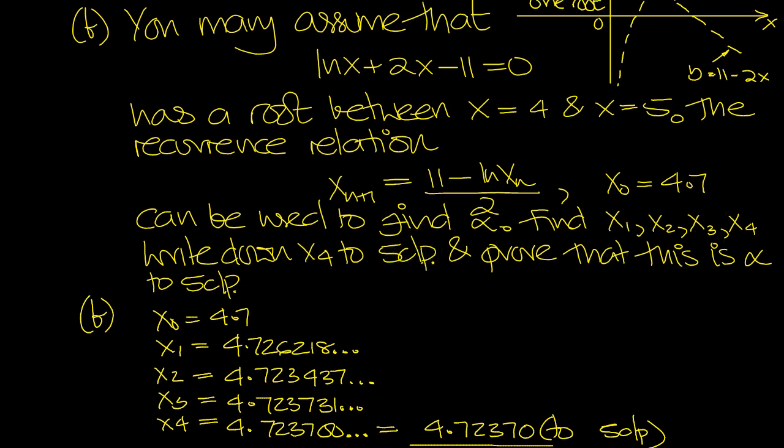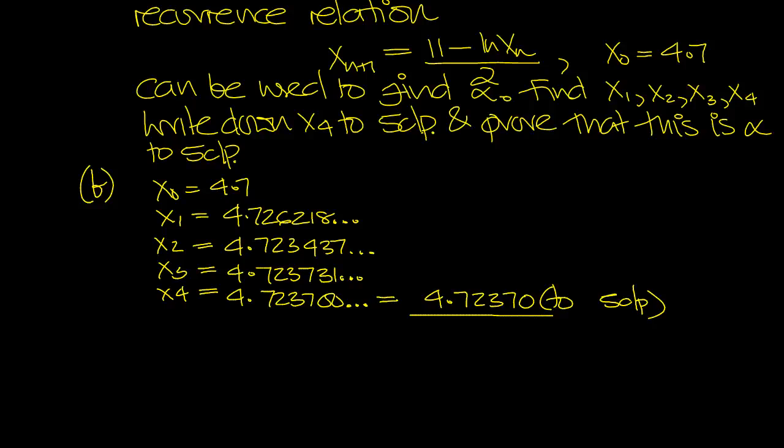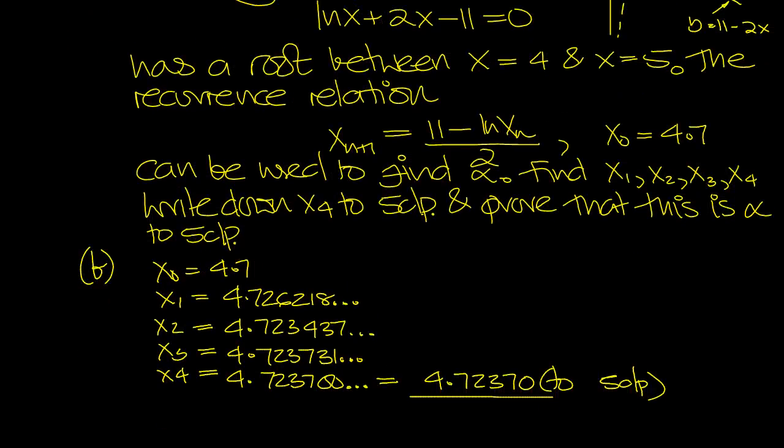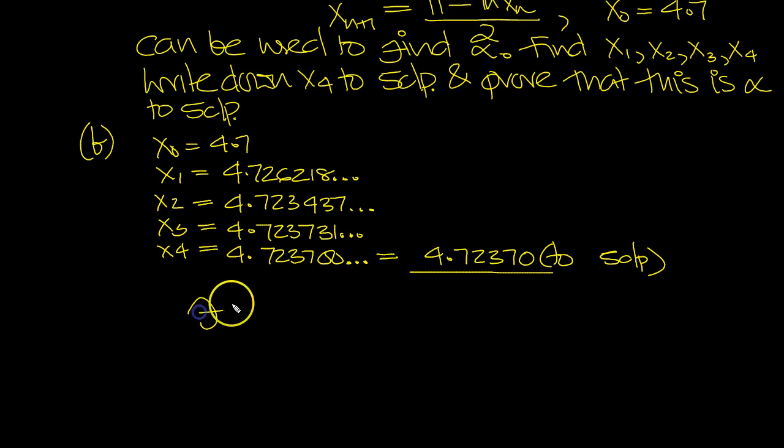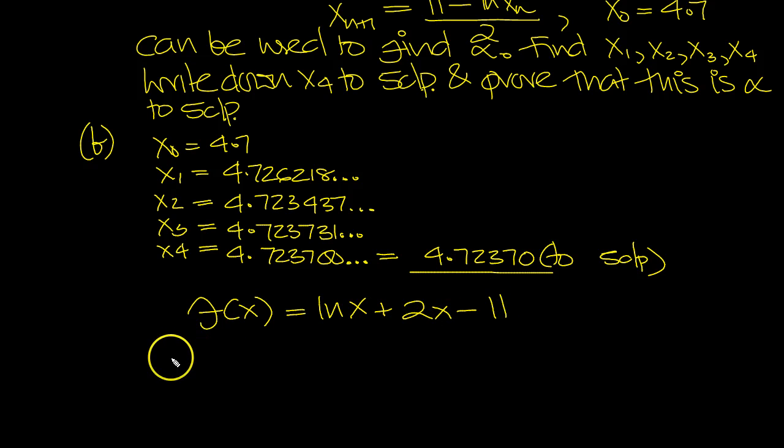Prove that this is alpha to 5 dp. Okay, so ln x plus 2x minus 11 is the equation. So f of x then is ln x plus 2x minus 11. Let's try f of 4.723695, since 4.723700 would be the root, and show that has one sign.